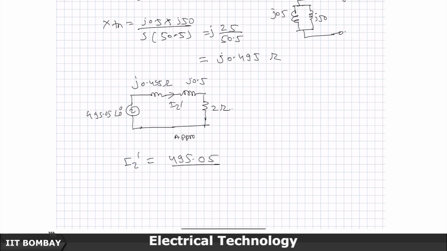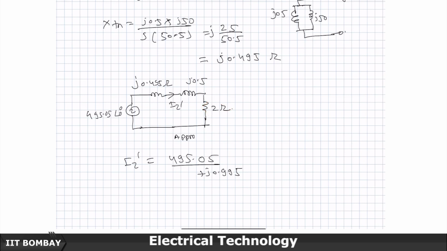I should write j. So, these two inductances will go in series, which will give me a net inductance of 0.5 plus 0.495, so 0.995, and nothing in series with this 2 ohms.